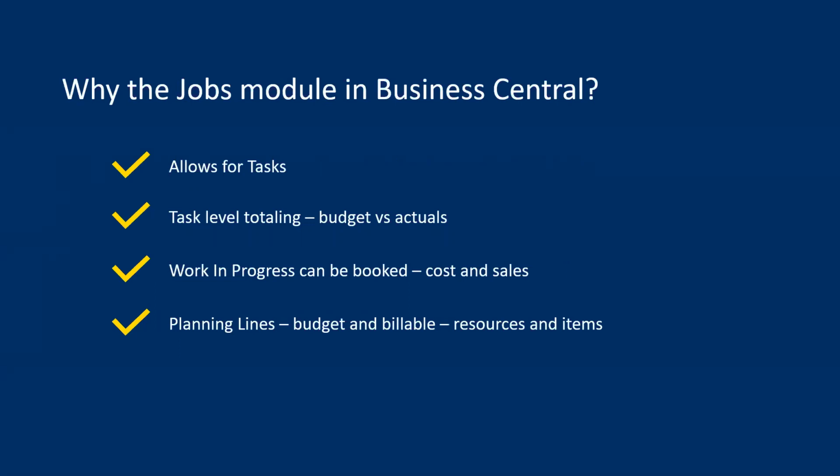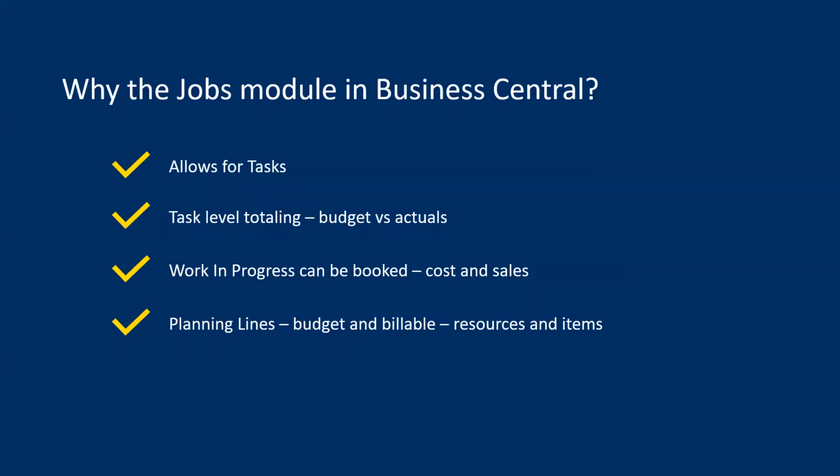Thank you. All right, so why do we use the jobs module in Business Central? So we usually see the jobs module being used for long-term orders where there may be multiple tasks needing to be performed. These longer orders may span over weeks, months, or years.